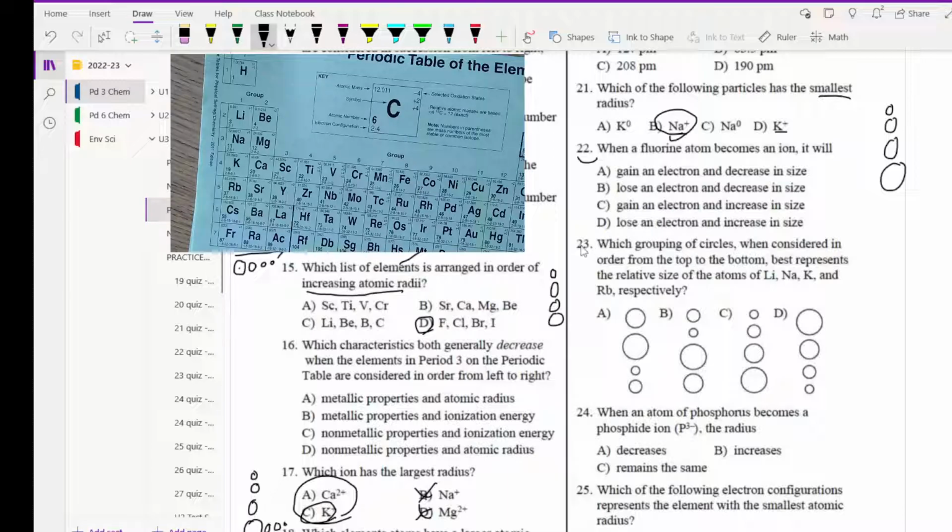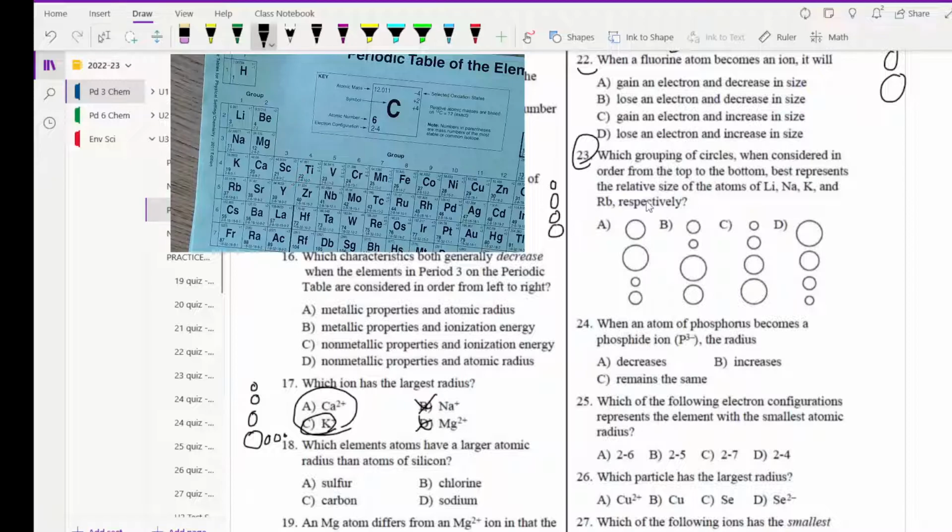Okay, let's move on to 23. Which grouping of circles, ordered from top to bottom, best represents the size of the atoms of lithium, sodium, potassium, and rubidium? Again, find those on our periodic table in group 1.